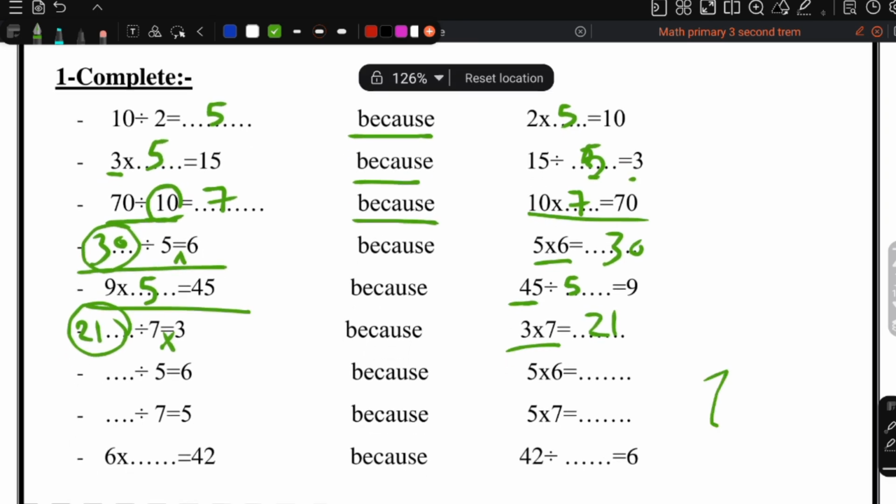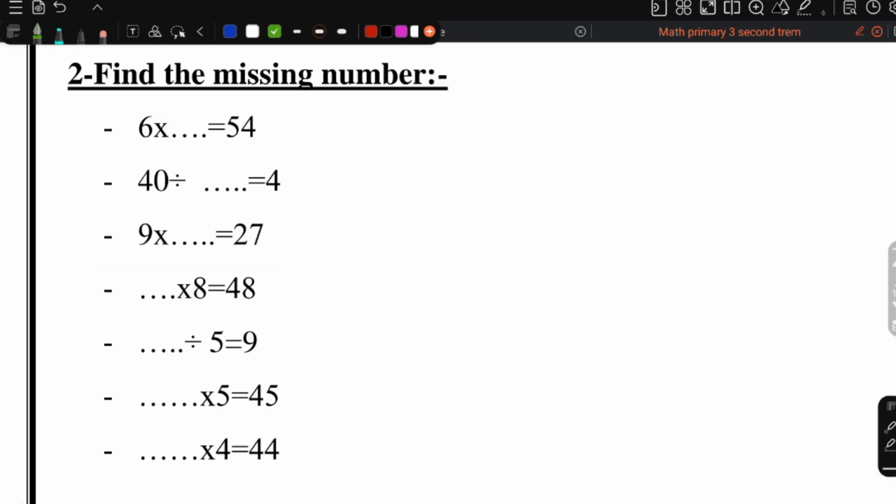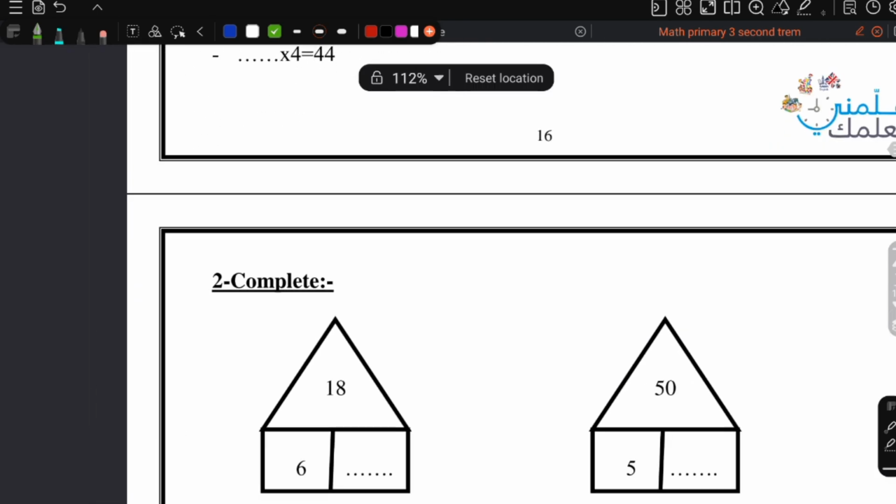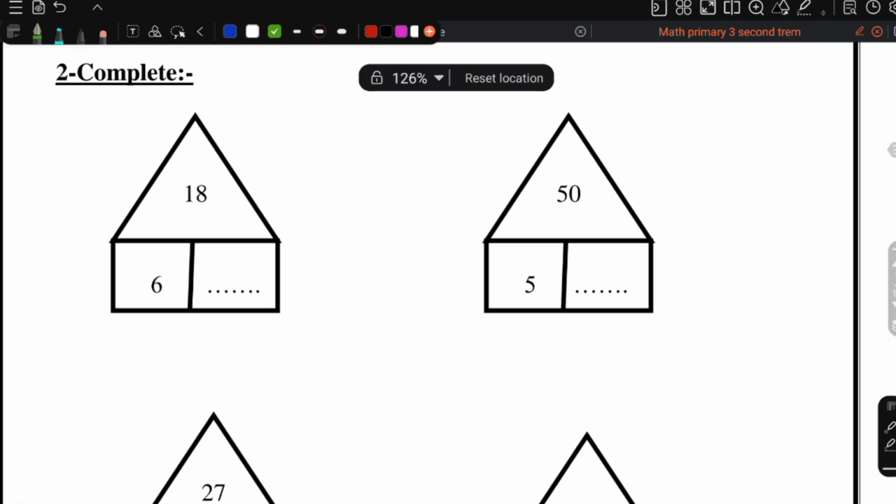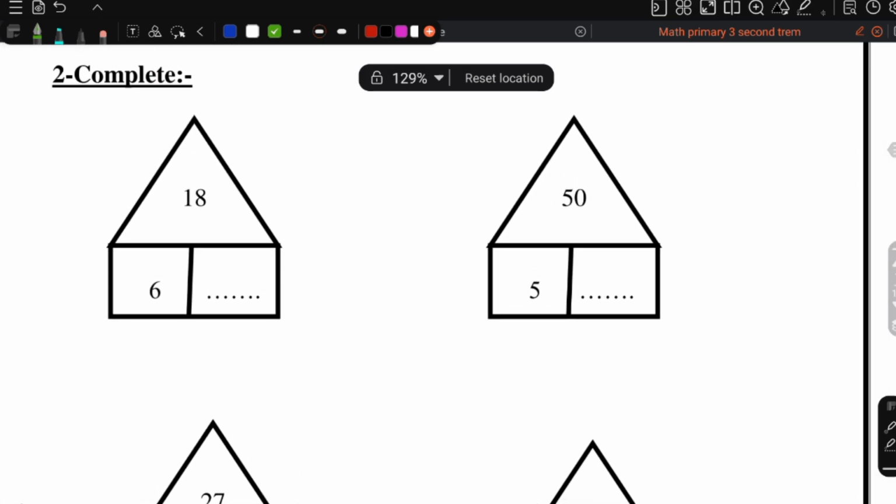Okay, you can test yourself by solving these problems. Find the missing number. In this question, I have this house, and this house contains 3 numbers, and we have a big relation here.